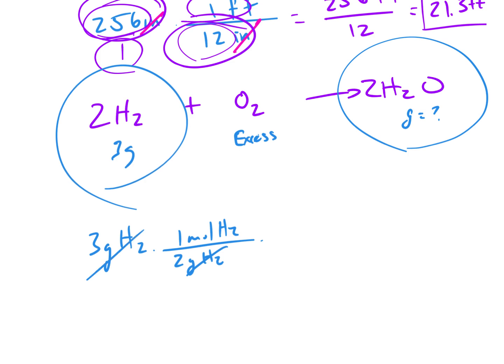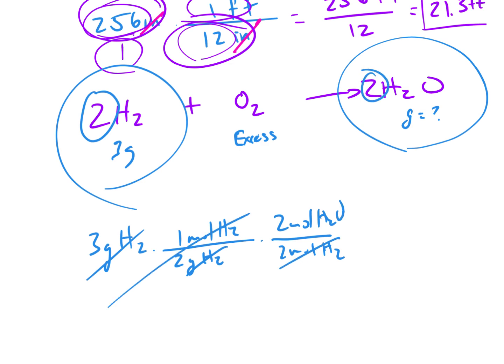Oh, what is a mole? We'll get there. And I know there's 2 moles of H2 to every 2 moles of H2O. We'll get there. You don't have to know this right now. See how those cancel? That tells me I'm doing it right. I'm going in the right direction. But if I can't see my units canceling, I don't know if I'm doing this right or wrong.